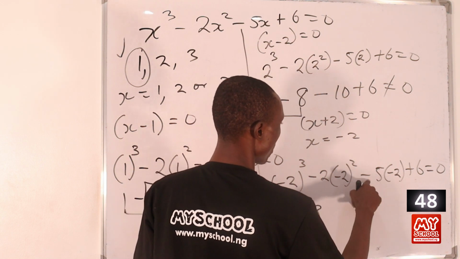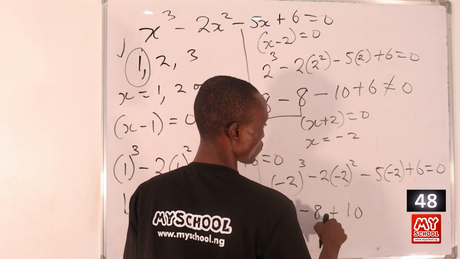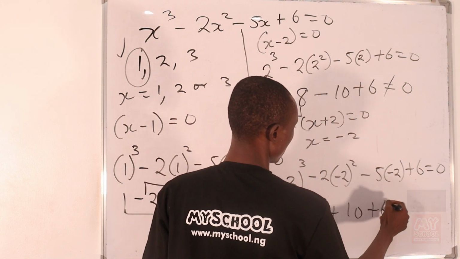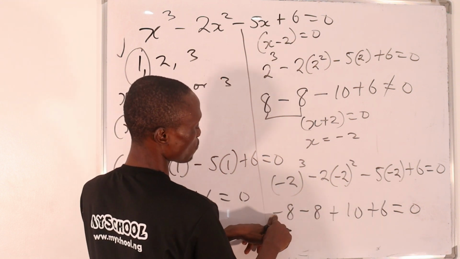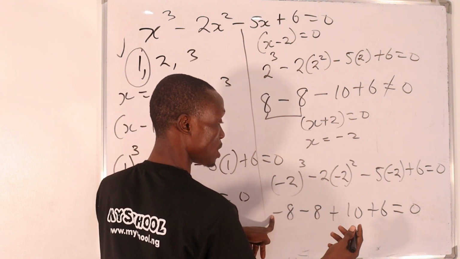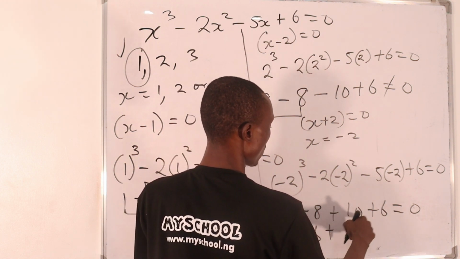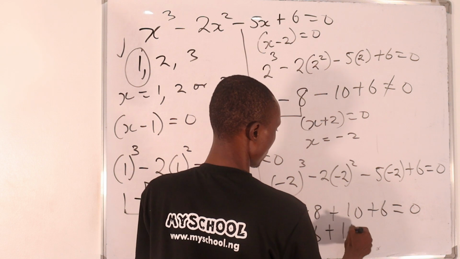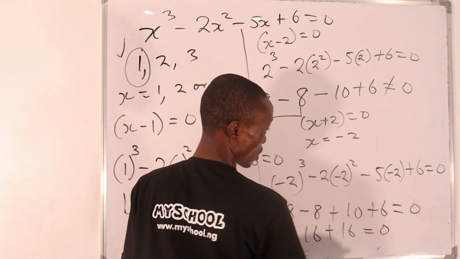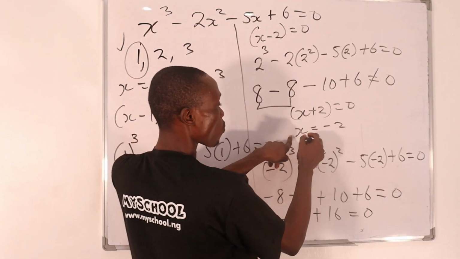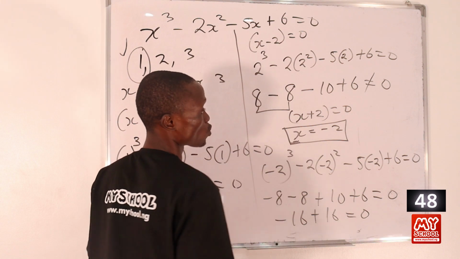Here we'll have plus 10, because minus 5 times minus 2 gives us plus 10, then plus 6. Let's see if we add all this, whether it will be equal to 0. So here we have minus 8 minus 8, which is minus 16, then here we have plus 10 plus 6, and that is 16. So minus 16 plus 16 is equal to 0.